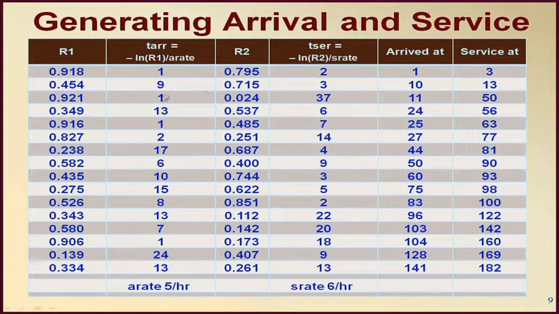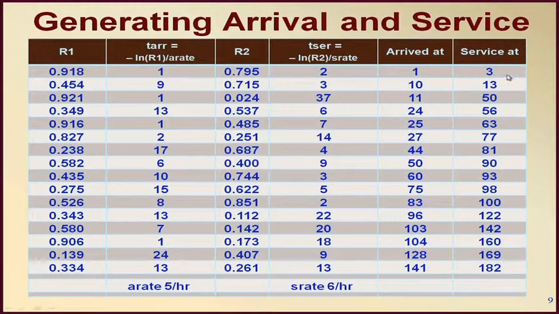Next task is, after generating these arrival and service times, this chart has to be prepared, and again it requires involved calculations. What is that involved calculation? First of all, look here, the arrival is 1, service is 2, so service ends at 3.